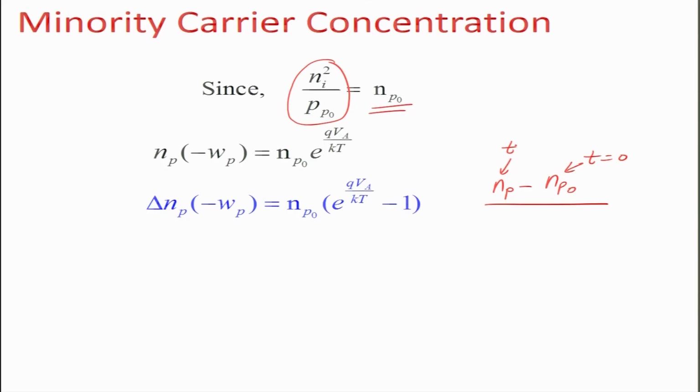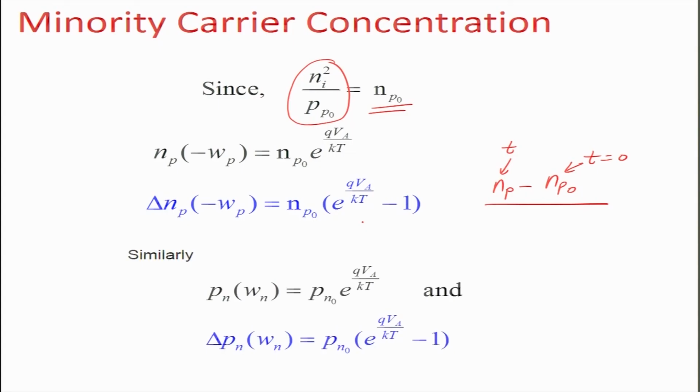Okay, this is straightforward. Similarly, if you do the same analysis for holes, you will get delta Pn at Wn is equal to Pn0 into exponential of qVa by kT minus 1.